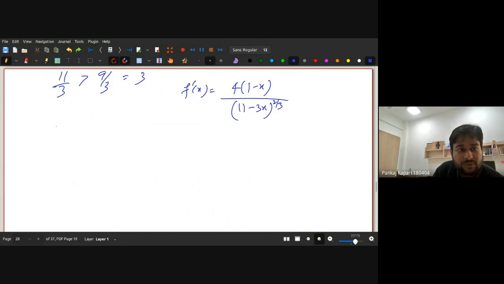What will happen if we are left of 11 by 3 and bigger than 3? I'm assuming that x is bigger than 3 and less than 11 by 3. Then what is the sign of the derivative?